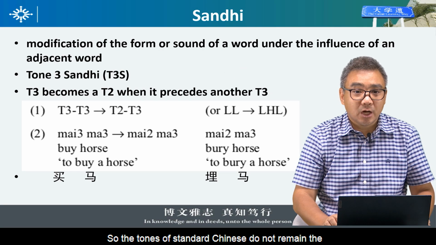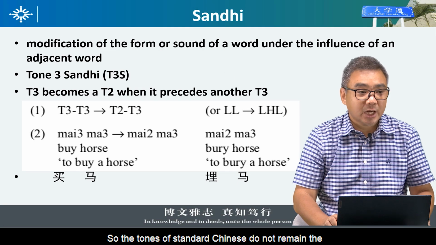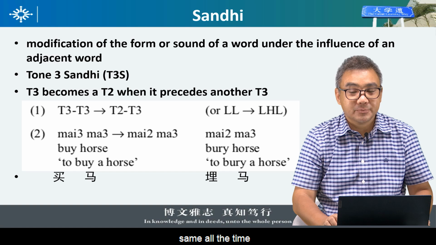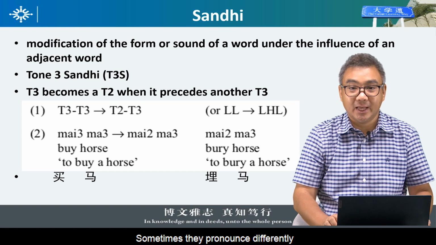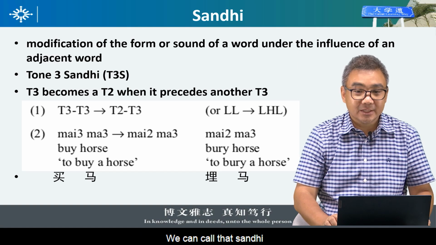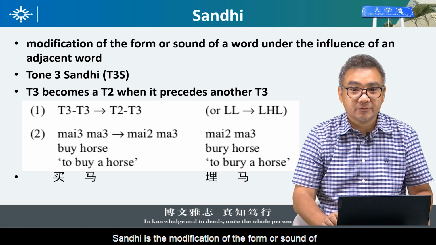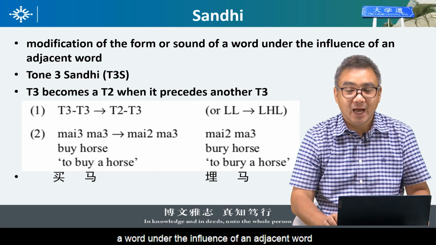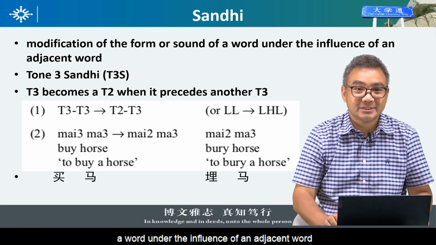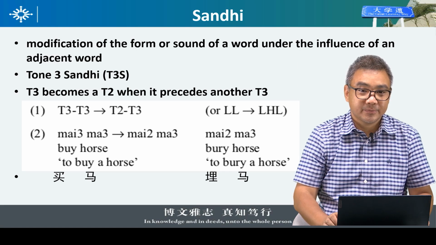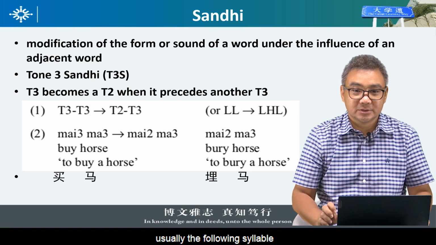So the tones of standard Chinese do not remain the same all the time. Sometimes they are pronounced differently. We can call that sandhi. Sandhi is the modification of the form or sound of a word under the influence of an adjacent word, usually the following syllable.